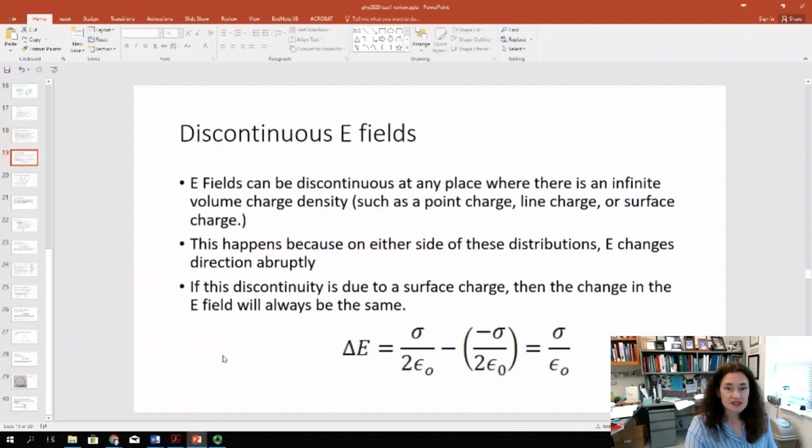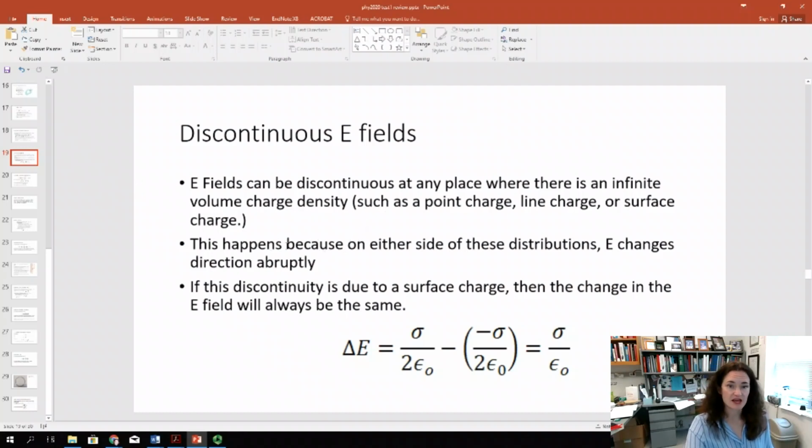Now, if you have a discontinuity in your electric field, and this can happen very easily, say, for example, you have a spherical shell with a surface charge on the outer surface, then that can cause a discontinuity in the electric field. E-fields can be discontinuous at any place where there's an infinite volume charge density, like a point charge, a line charge, or a surface charge.